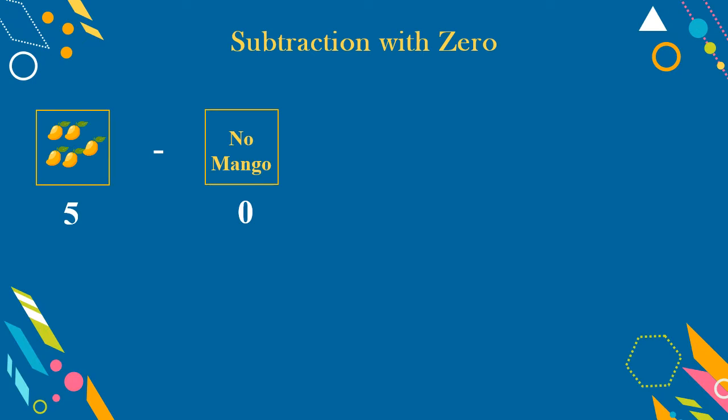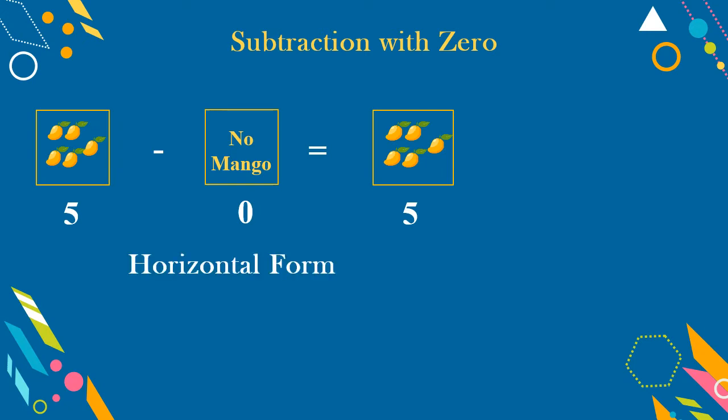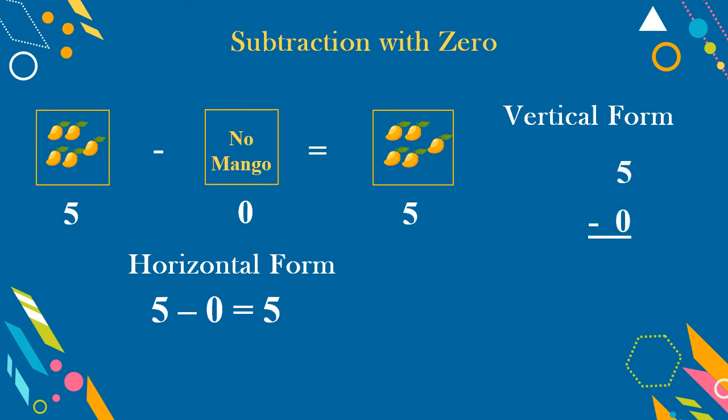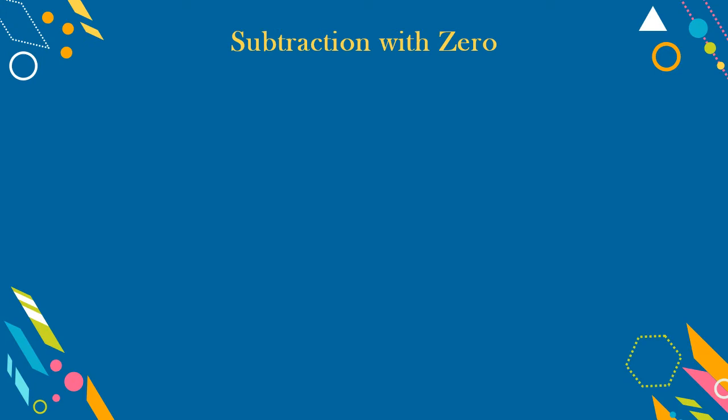No mango is eaten, so we are left with 5 mangoes. In horizontal form, we can write this question as 5 minus 0 equals 5. In vertical form, we can write this question as shown.